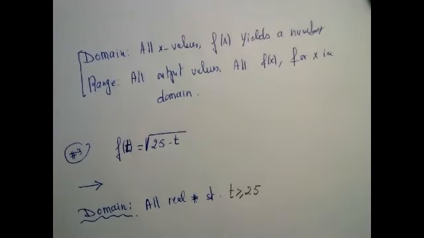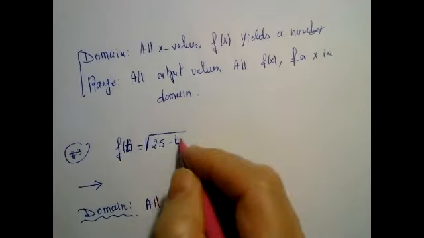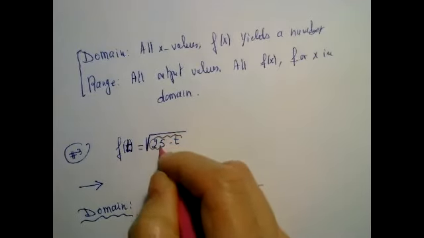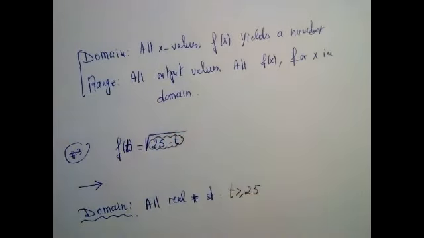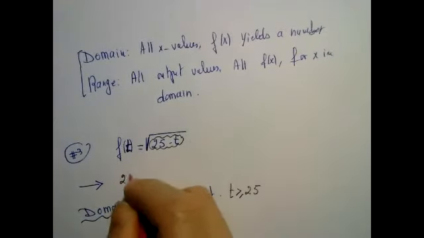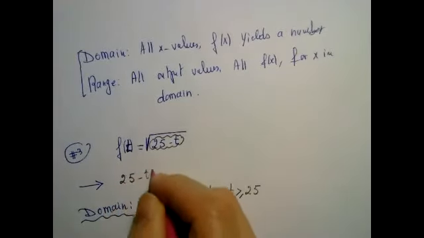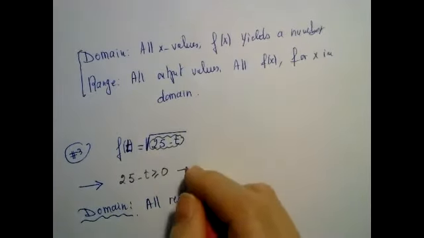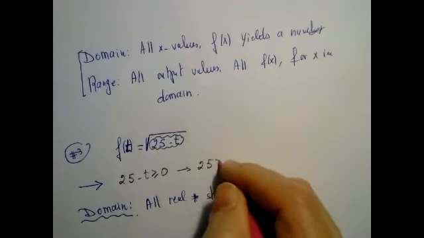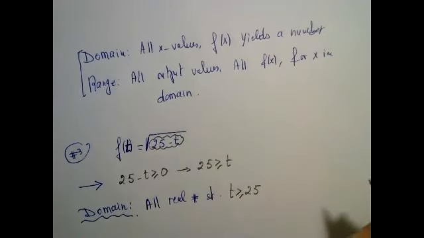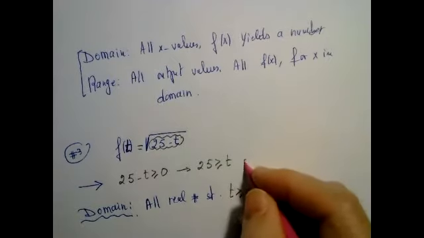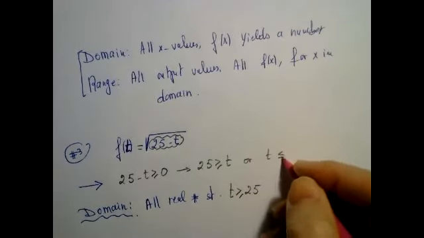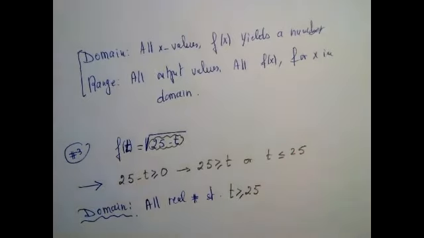We have to take all the t which make the term under the square root positive. Okay, so this means that I need 25 larger or equal to t, or t is less or equal to 25.